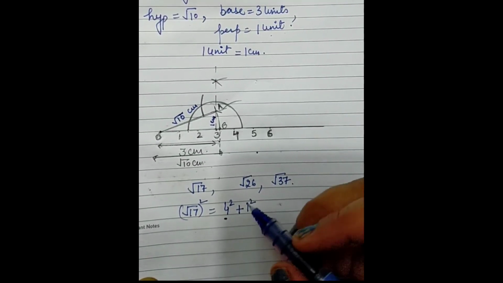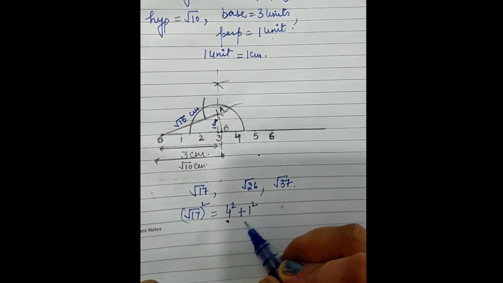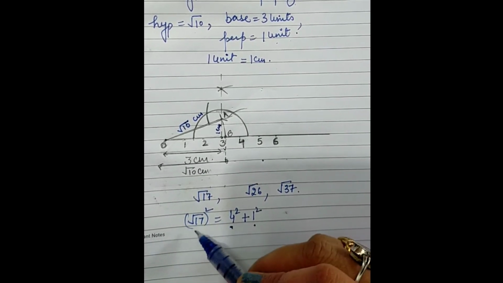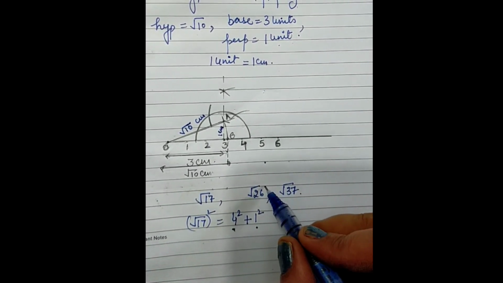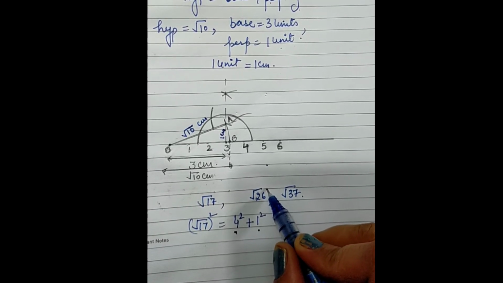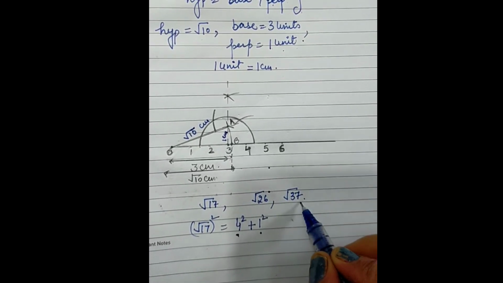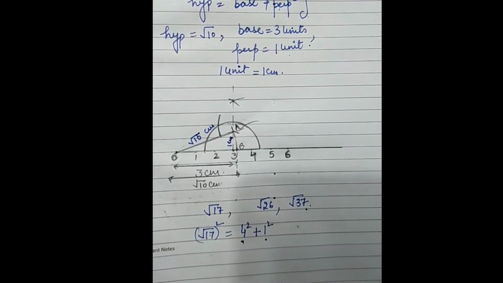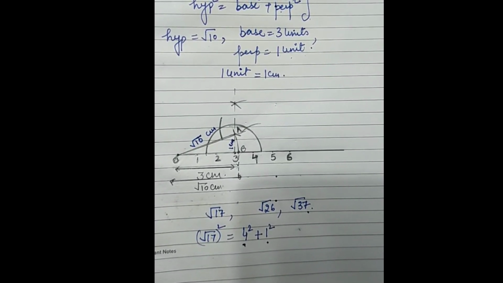That means in this case we will be taking 4 to be the base and 1 to be the perpendicular, and root 17 obviously will be the hypotenuse. Same is with 26: 5 square plus 1. Here 6 square plus 1 and so on. Thus we can find out the representation of square roots in this way.